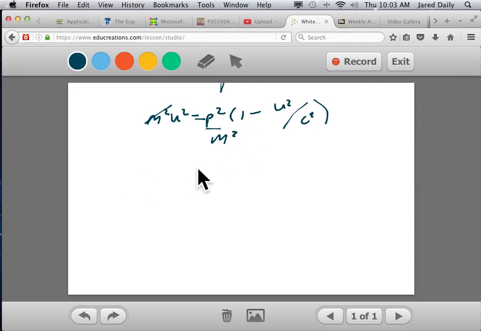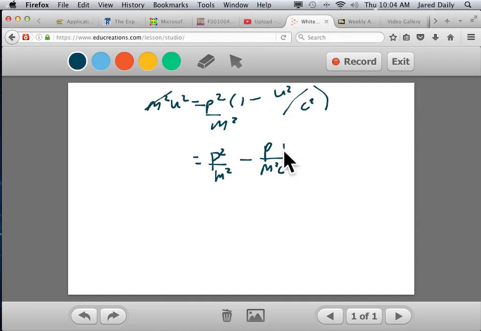I'm going to put this p squared over m squared into this polynomial here, and I'm going to get p squared over m squared c squared times u squared here, equals u squared.